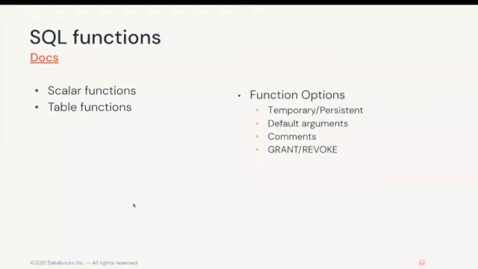You can also define them with default arguments. You can put comments inside of there, and these things are all securables inside of the platform. So you can give access or revoke access to different people across your org if you want to make your code available to them.